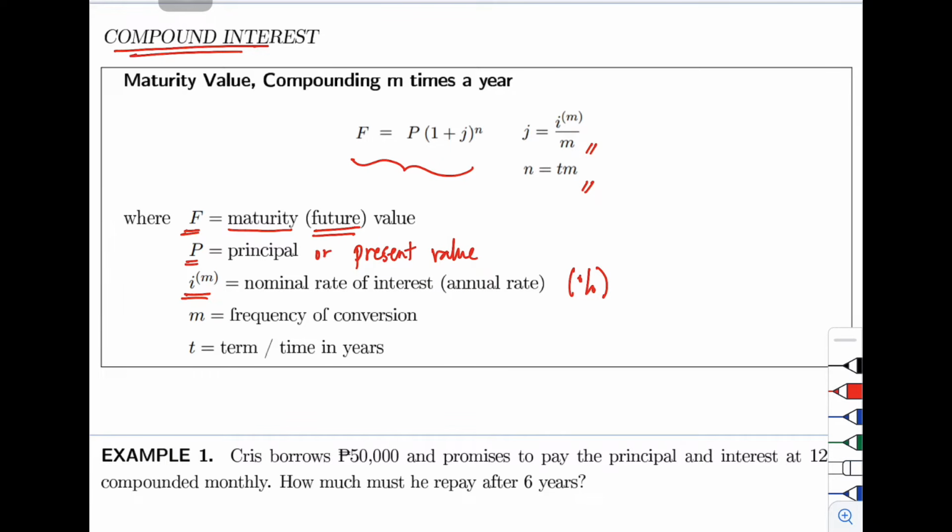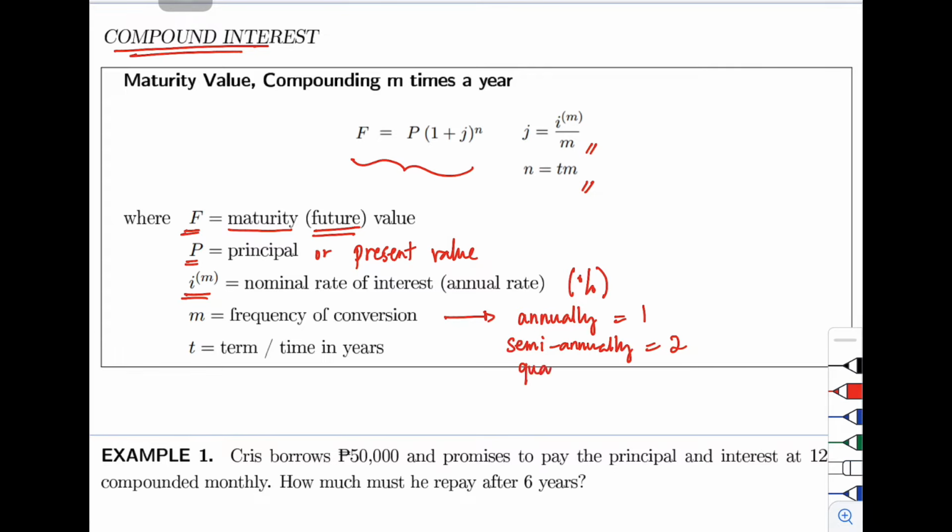Okay? Then, yung M is the frequency of conversion. Yung frequency of conversion, guys, kung tayo ay naka-annually, ibig sabihin, ang M natin is equals to 1. Kung semi-annually naman, guys, ang M natin is equals to 2.